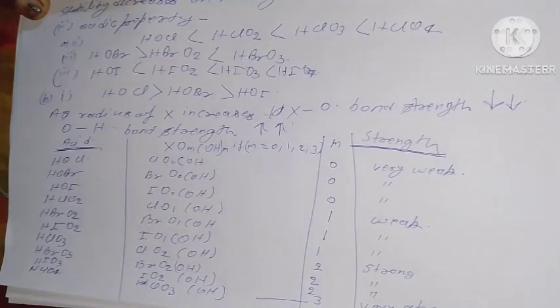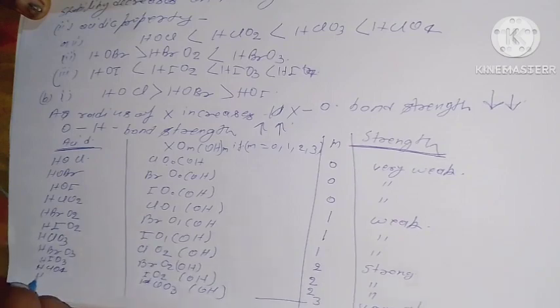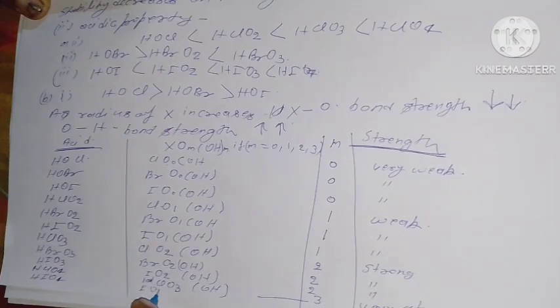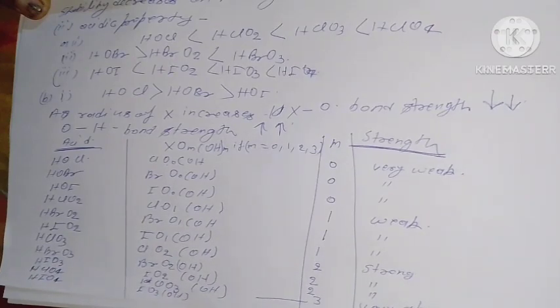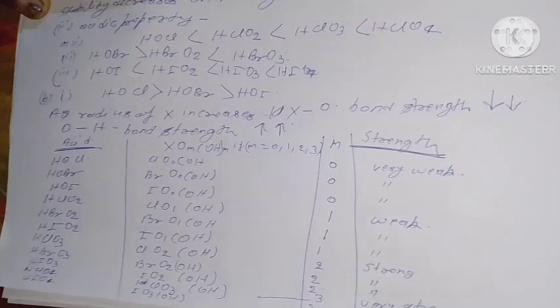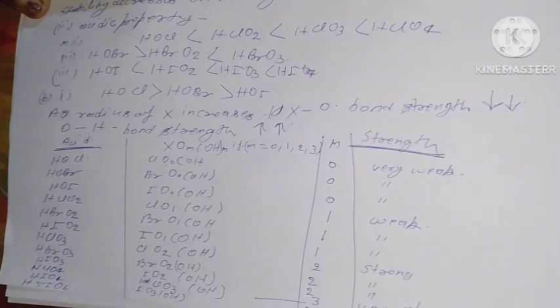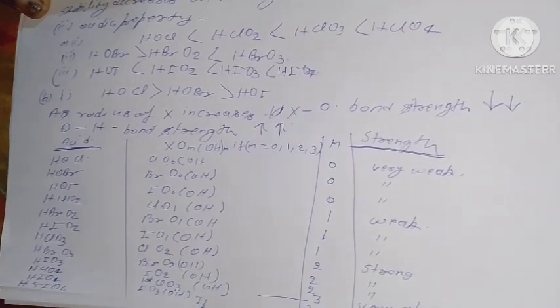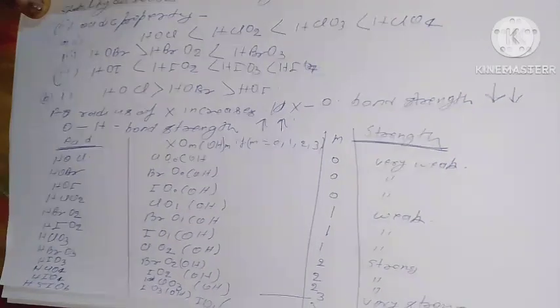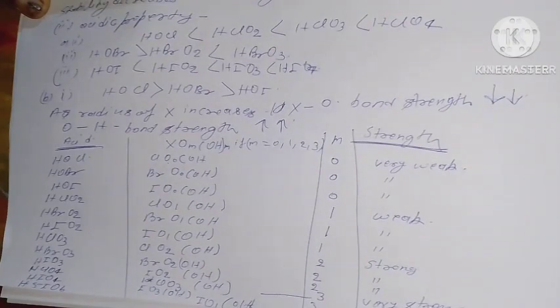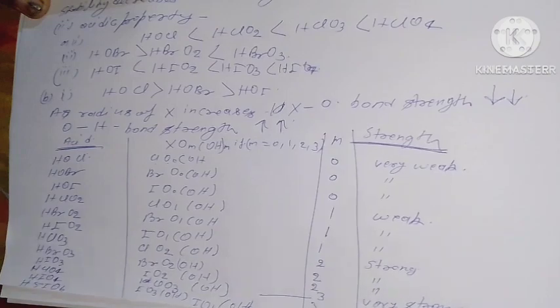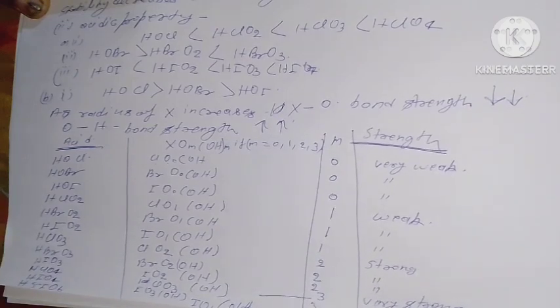And HIO4, that is IO3OH, the value of M is 3, this is very strong. And H5IO6, that is IO1(OH)5, the value of M is 1. This is a weak compound.